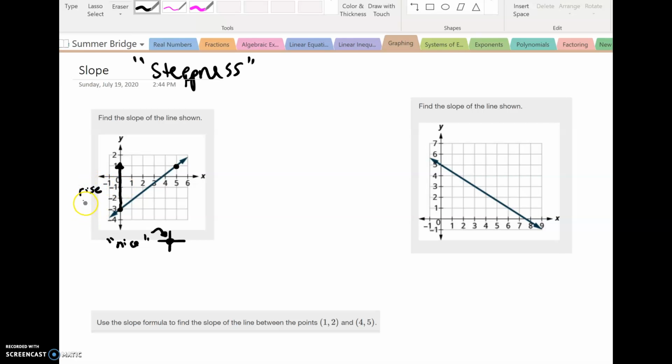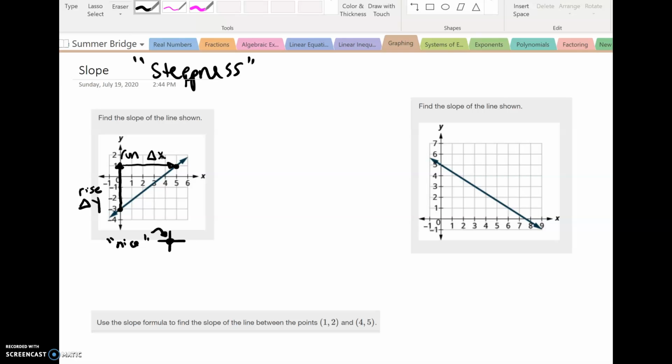Or sometimes we say change in your height or your Y value, and how much you run across. Or we also say the change in X value. And I like to say it like that, change in Y, change in X, because really that's talking about the difference between those two coordinates, okay?